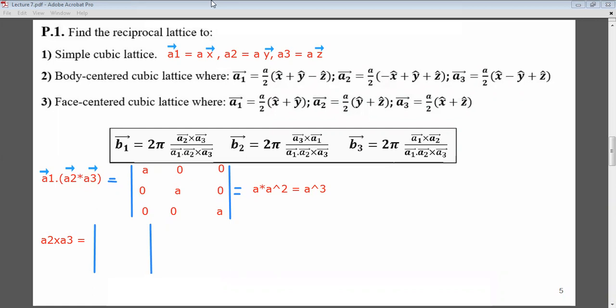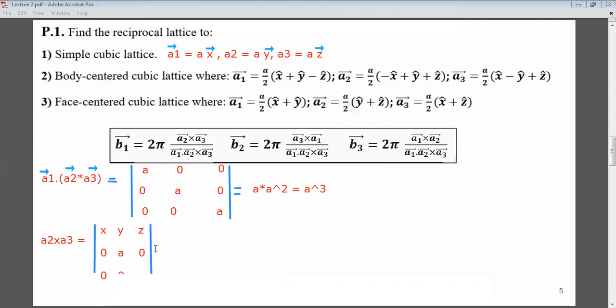I put here x, y, z, okay? And for A2, it is 0, a, 0. And for A3, it's 0, 0, a.